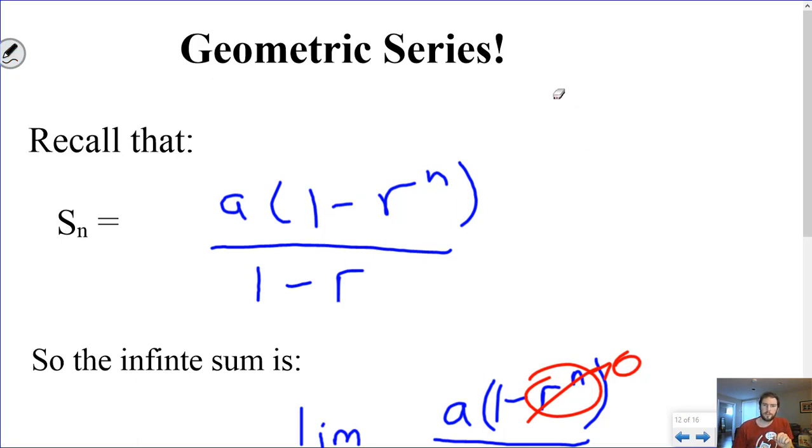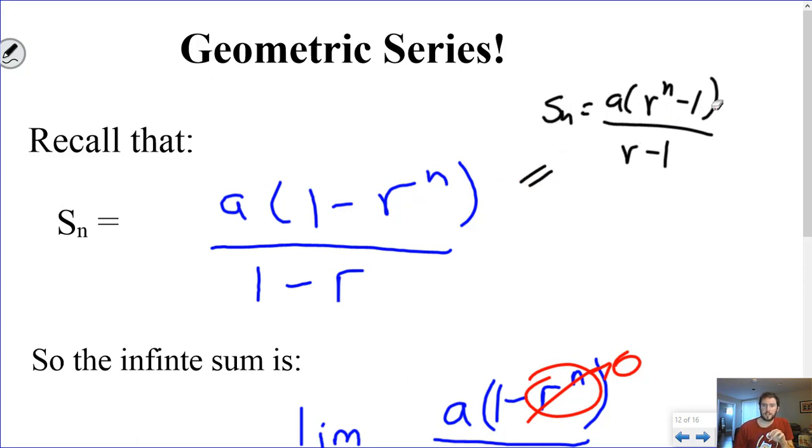I think the one during the other video was Sn is equal to a times r to the n minus 1, over r minus 1. These two things are actually the same formula, they are equal to each other. This is the negative of that, and this is the negative of that, and when you have a negative over a negative, it is a positive. So just quick clarification there.